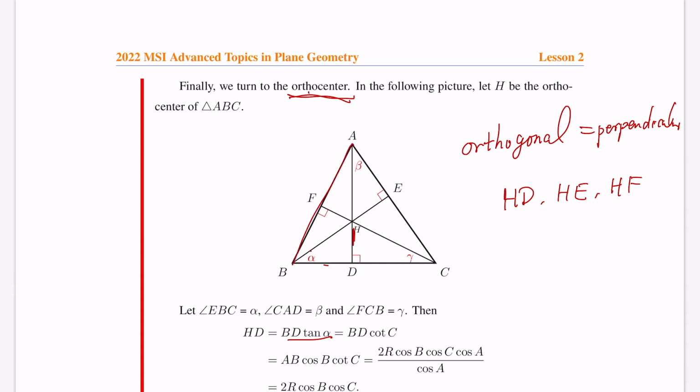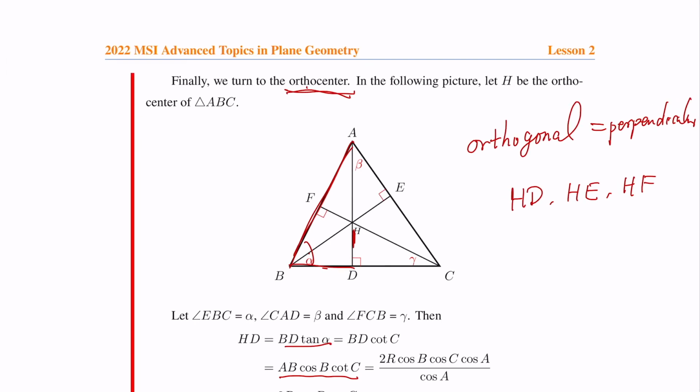Well, BD is equal to AB cosine B. But this is still not symmetric enough. So let's use the law of sines to represent AB as 2R sine C.